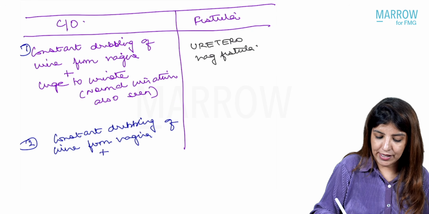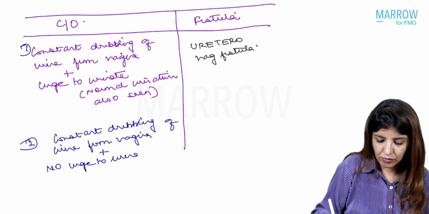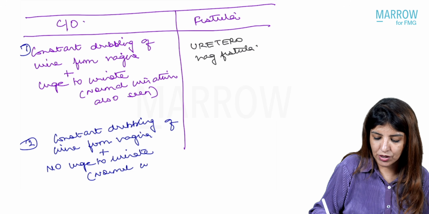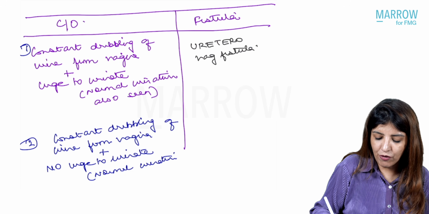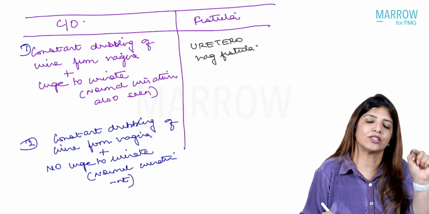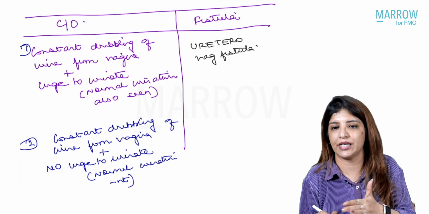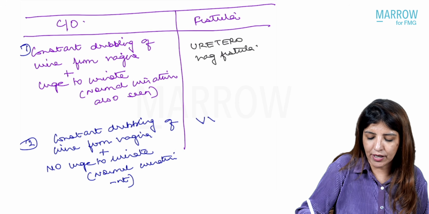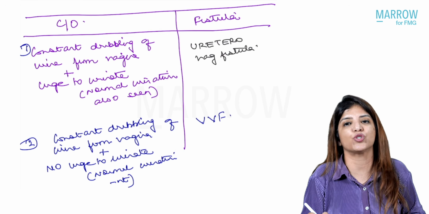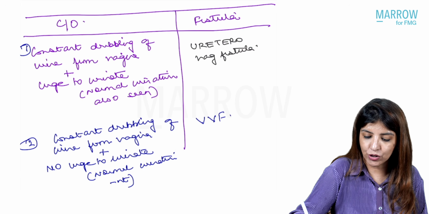So if you see that in your question they are saying that there is constant dribbling of urine from her vagina and no urge to urinate, it means they are talking about vesicovaginal fistula, which in short is called VVF, right?